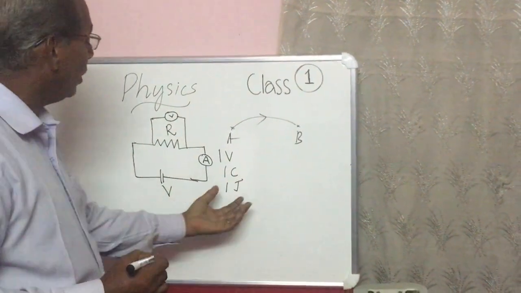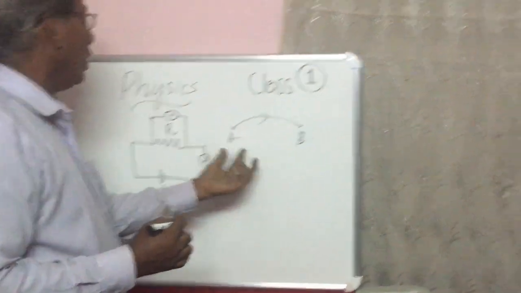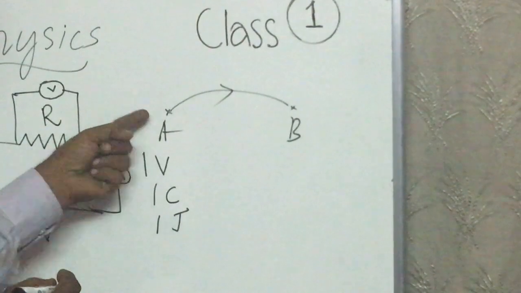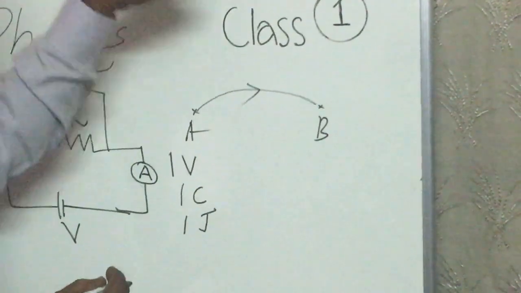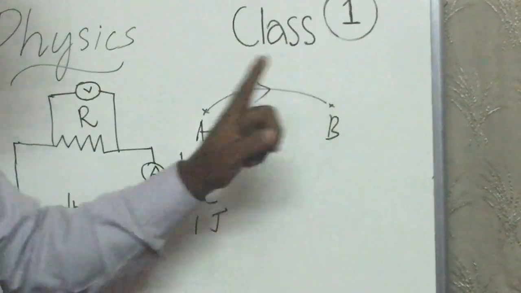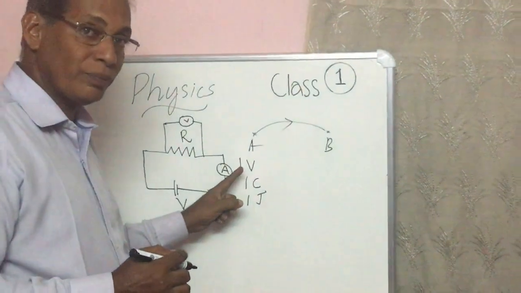I repeat, if we do 1 joule of work in shifting 1 coulomb charge from one point to another point, the potential difference between these 2 points is called 1 volt.